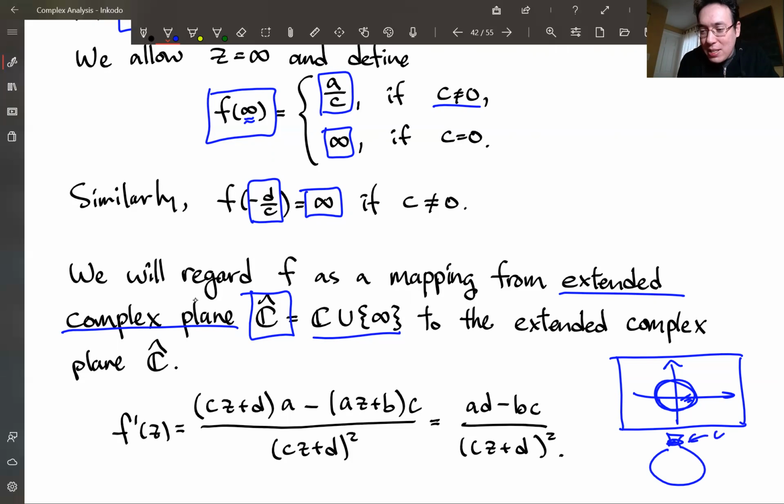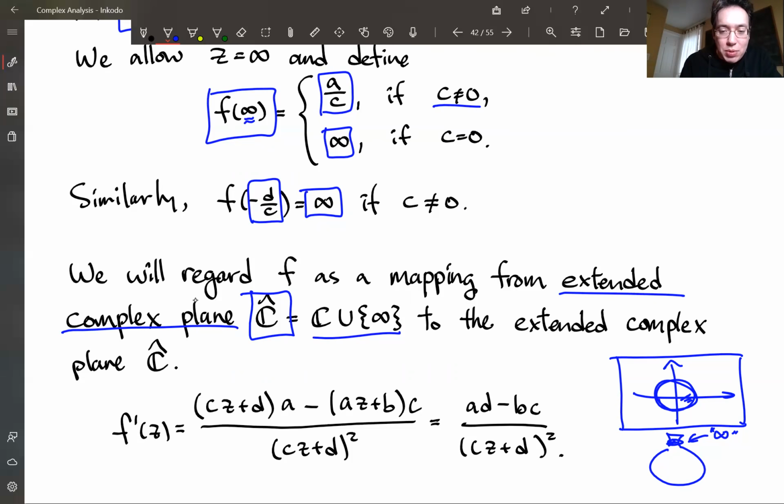You could imagine that twist at the top is the point at infinity, and then you have this ball of complex numbers almost all the way around, and one point at the North Pole called infinity. So you should imagine this extended complex plane as a ball or sphere. It's called the Riemann sphere.